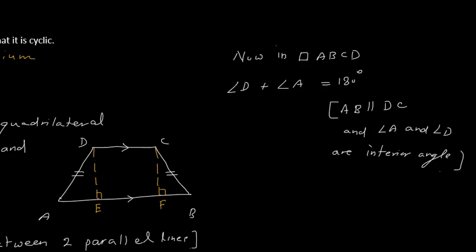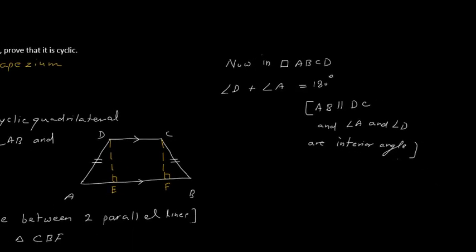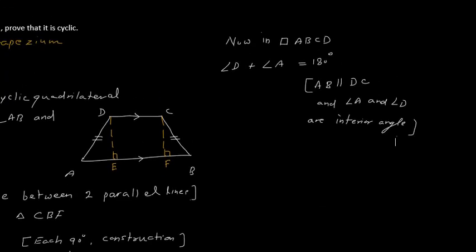So therefore angle D plus angle A is 180 degree. This is the third equation. So this angle A can be replaced with angle B because A and B are equal. So therefore angle D plus angle B is equal to 180 degree. Here I will say that from 2.